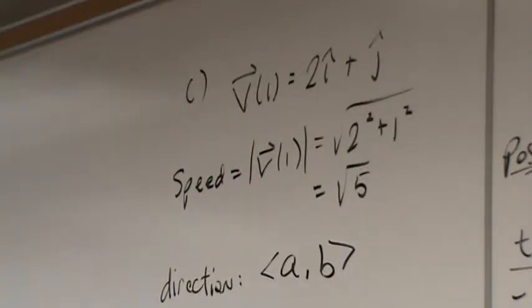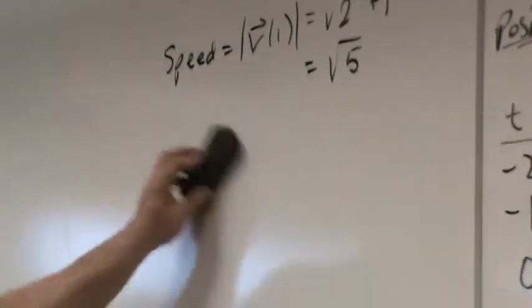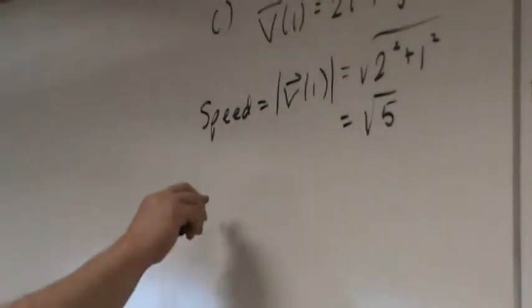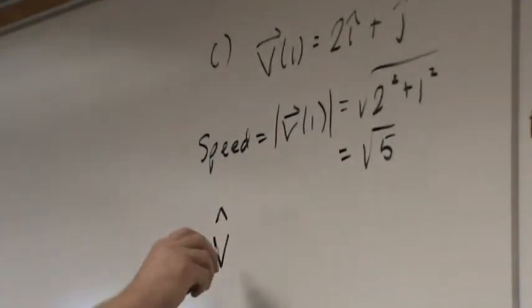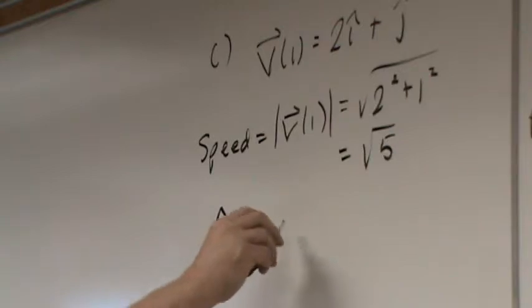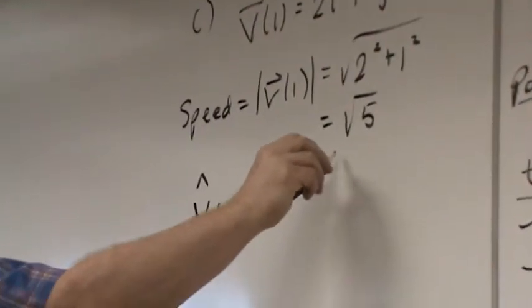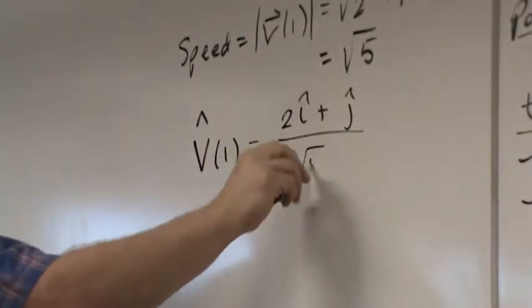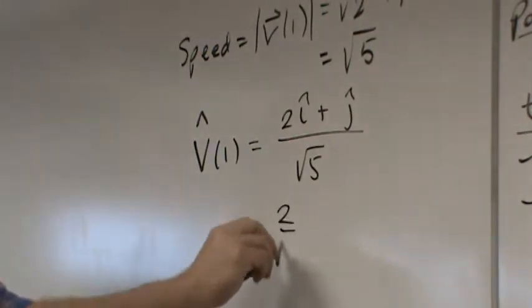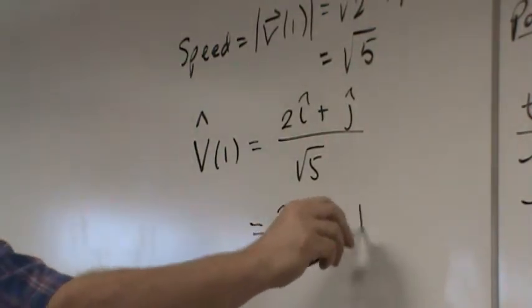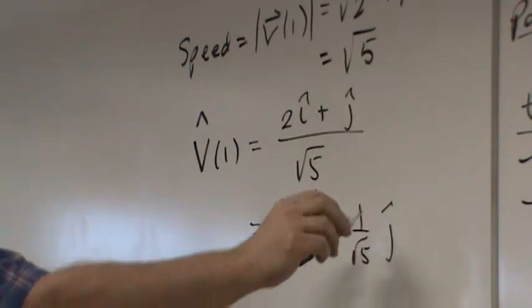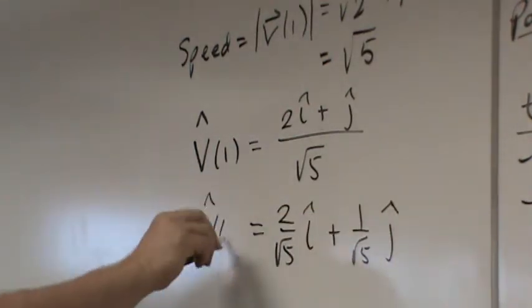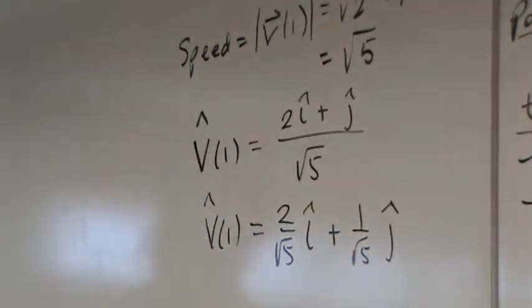Oh, as a unit vector. I was thinking of something else. They want it as a unit vector. So they want v hat of 1, which means it's just going to be 2i plus j over rad 5, or 2 over rad 5 i plus 1 over rad 5 j. That's all they want.